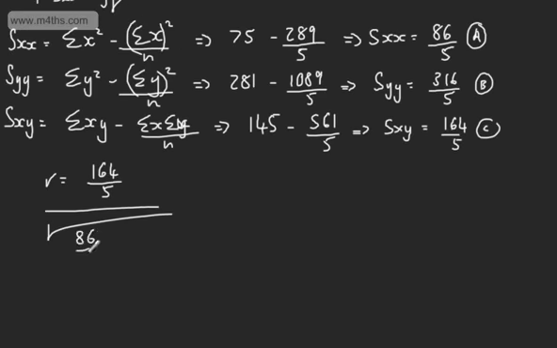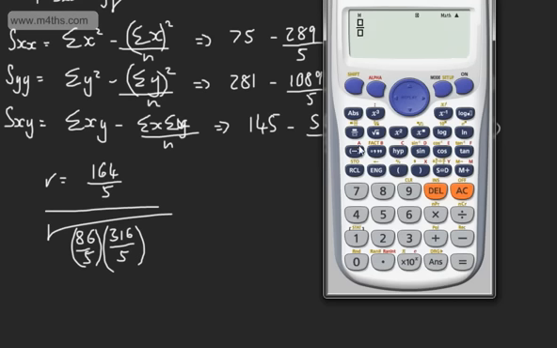So 86 over 5, multiplied by 316 over 5. You can see that simplifies slightly, but I'm just going to put in the calculator that this is C divided by the square root of A times B. I know those values are in there, and that's going to give me 0.9948 and so on and so forth.